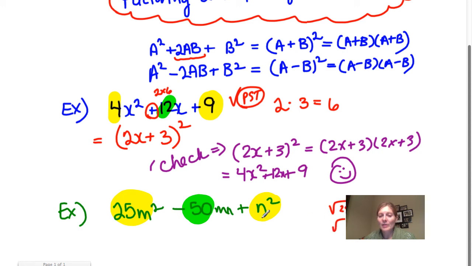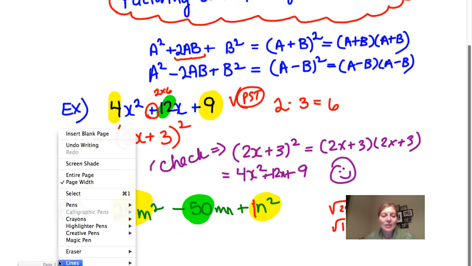And the square root of 1, which is this number here, of course, is 1. And if I multiply 5 times 1, I'm going to get 5. And double 5 is equal to 10. So this right here is not a perfect square trinomial the way it's written. So we could not do this method if we were given this type of factoring.